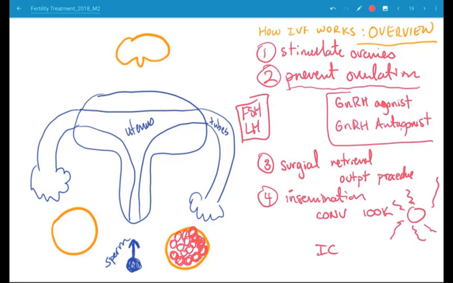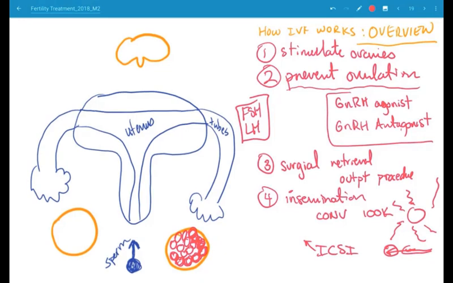Or you can do ICSI, which is where you take one sperm and inject it directly into the egg. ICSI is usually reserved for male factor infertility, where the sperm counts are low. There are some other indications for ICSI as well, but male factor is the primary one, and ICSI did not become available until 1992.